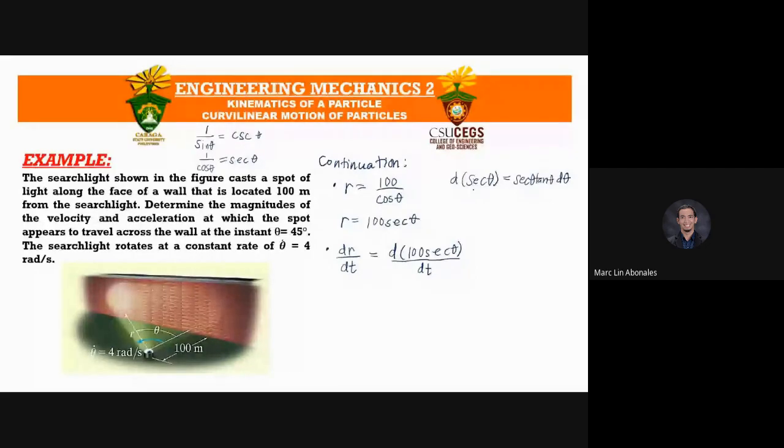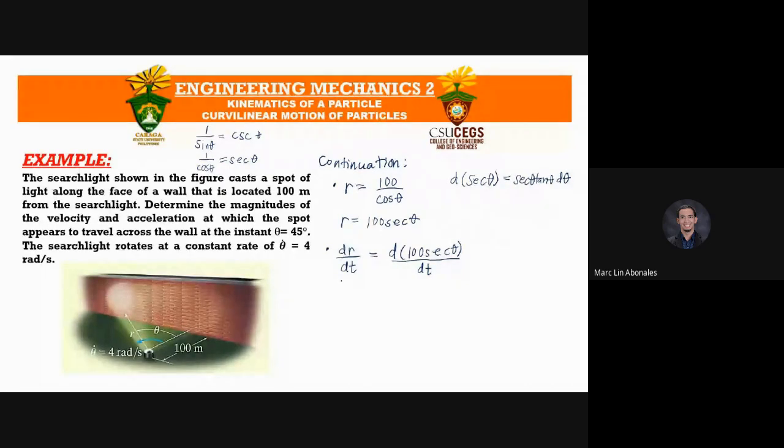If you still remember your conventional calculus, this is the derivative of secant: secant times tangent, and then d theta, because we also include the derivative of theta, so d theta comes at the last part.